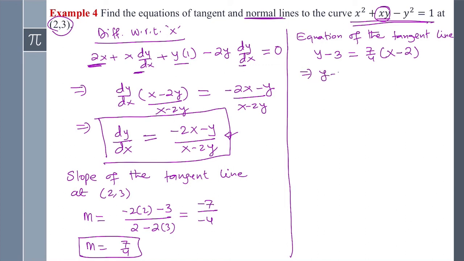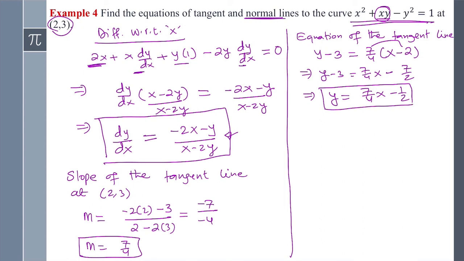So we get y minus 3 equals 7/4 x minus 7/2 when you distribute here. Then when we add 3 on both sides, we get y equals 7/4 x minus 1/2. So this is the equation of the tangent line.